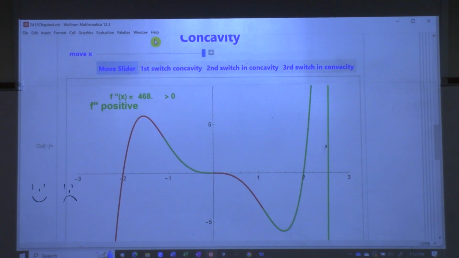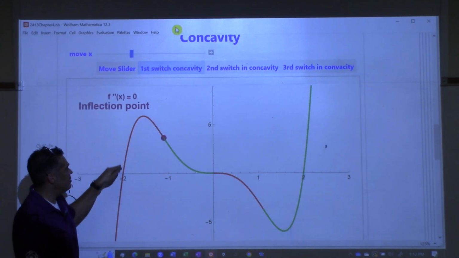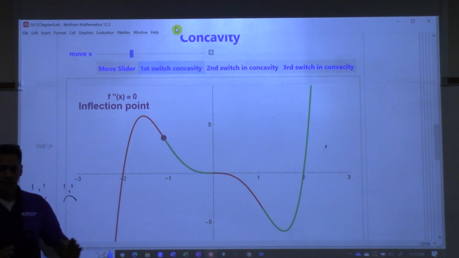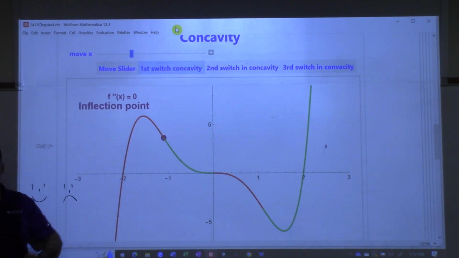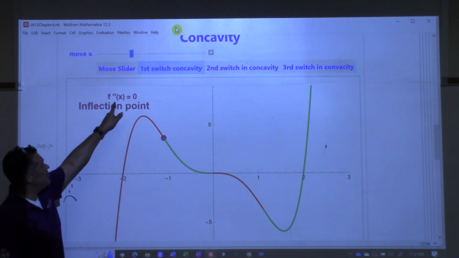Concavity. Now, look at that point right there. Do y'all see this is a point where we switch from being concave down to concave up, right? This is a change in concavity. Anytime you have a change in concavity, that is called an inflection point, and that is where your second derivative will be 0.